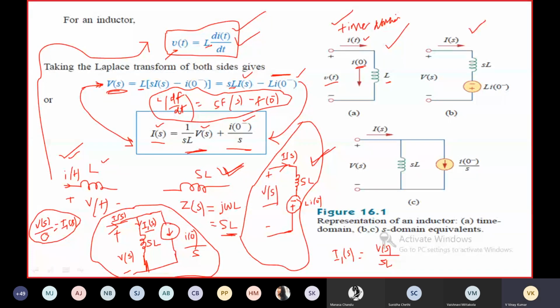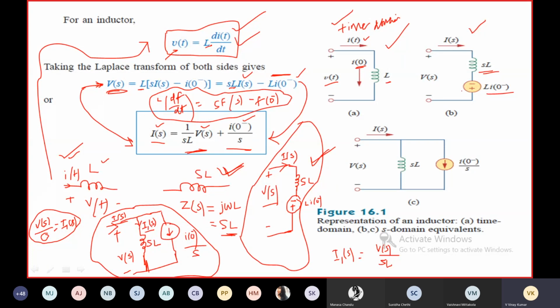Based on the voltage equation, V of S is equal to I of S into SL minus L I of 0 minus.